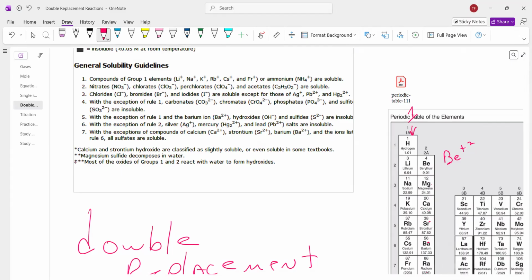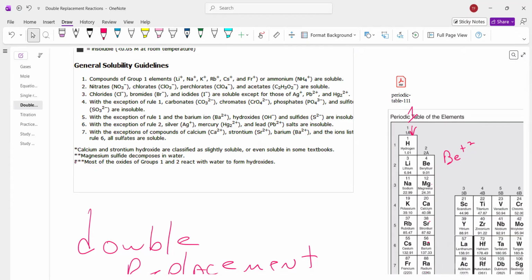Nitrates, chlorates, perchlorates, acetates are also soluble all the time. Now, number 3, it says chlorides, bromides, and iodides are soluble except with silver, lead, and mercury. Except. So anyway, that's how to interpret that stuff.